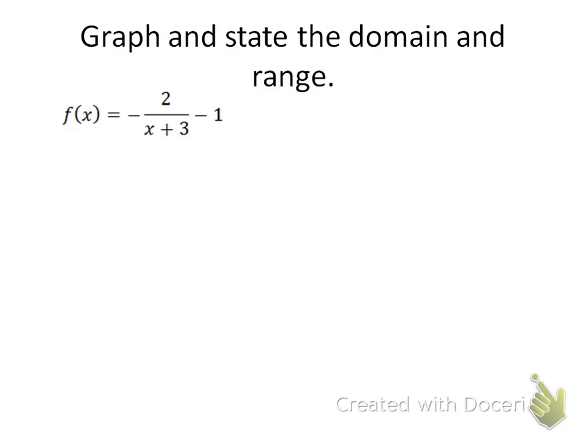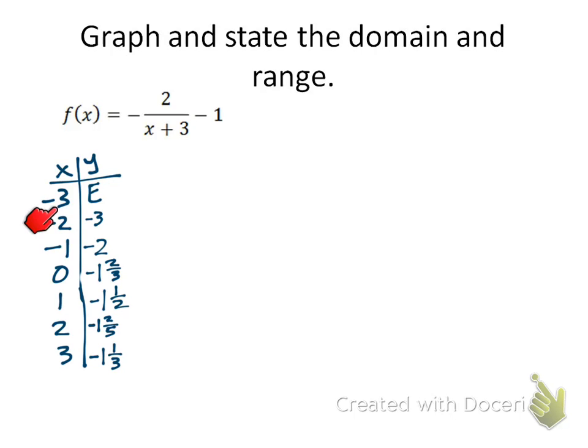This is an example of a rational function, and we're going to practice stating the domain and range. Typically, when we get an error, we need to plug in inputs that don't just go after it. We need to plug in inputs that go before it.